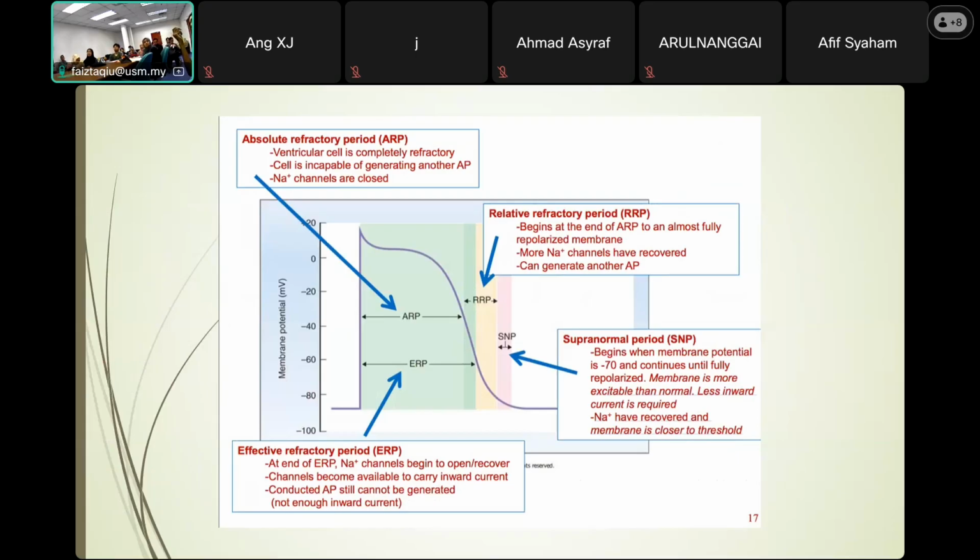RRP, as we already mentioned, is almost at the end of the ARP. More sodium channels have recovered, and you can generate an action potential here if there's a supramaximal or adequate stimulus. Most textbooks mention the SMP, but for the questions, roughly when I glance through, it's basically either ARP, RRP, or in April 2023, ERP.